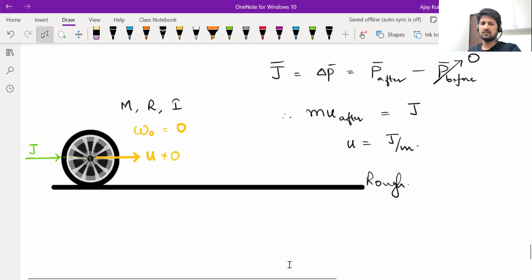After the impulse is given, what will happen to this object? Friction will act in the backward direction. As a result, what will happen to its speed? What will happen to its angular velocity? Till when does friction need to act? Comment on all those things.